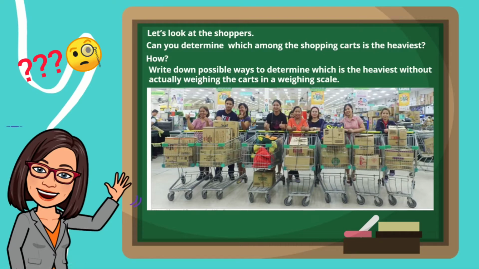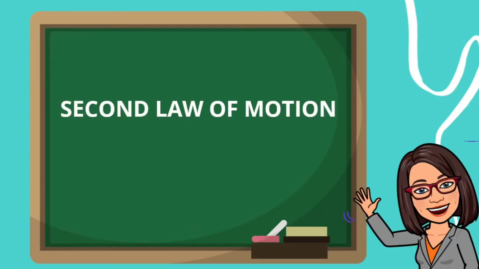Do you have your answer now? Okay. Newton's second law will help us figure out the answer. The first law explains what happens in the absence of external forces. There is no change in an object's motion. But when an object speeds up, slows down, or changes direction, then there must be an external force acting on it.